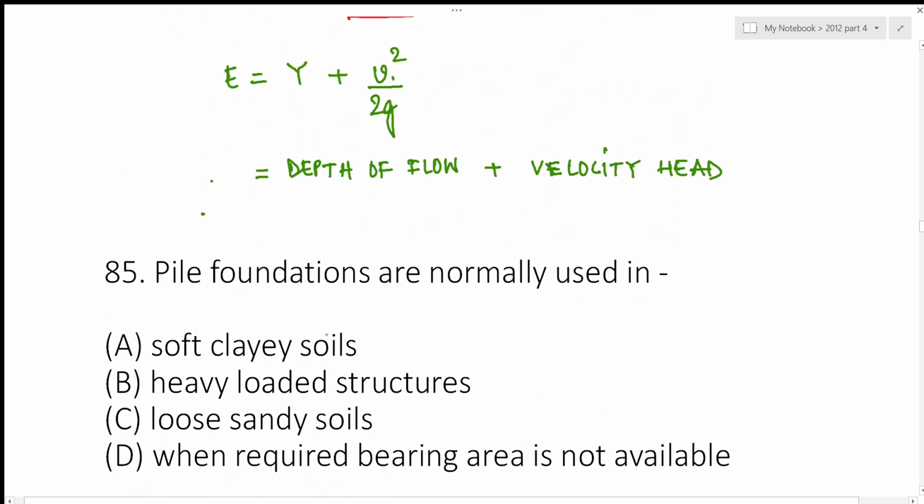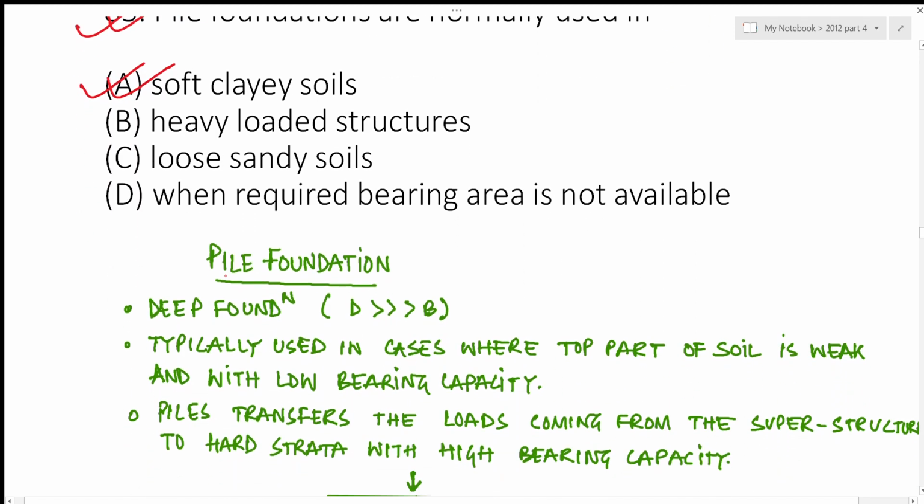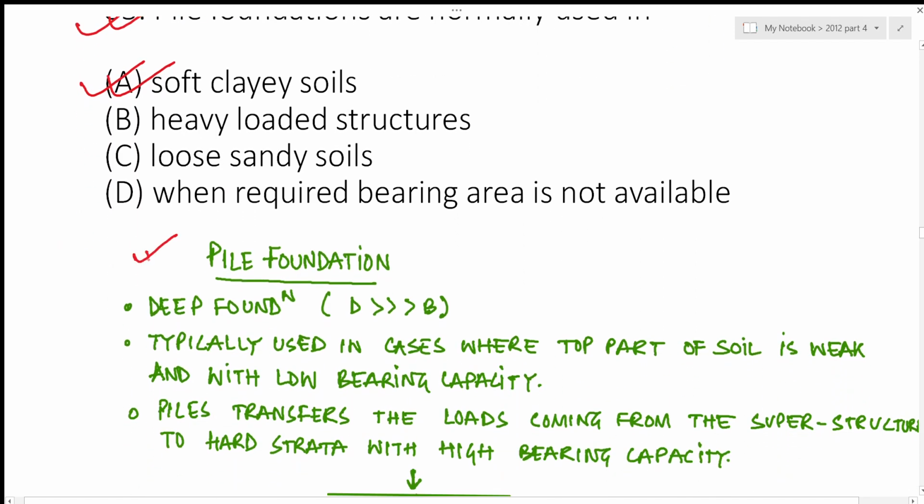Pile foundations are normally used in? Now, pile foundations are normally used in soft clay soils where the bearing capacity is not enough. Pile foundations are basically a type of deep foundation where the depth of foundation is much greater than the width of foundation. Also, it is typically used in cases where the top part of soil is weak and with low bearing capacity.